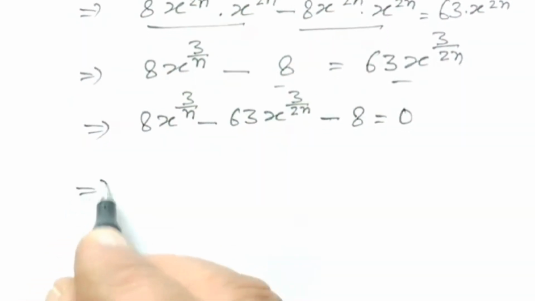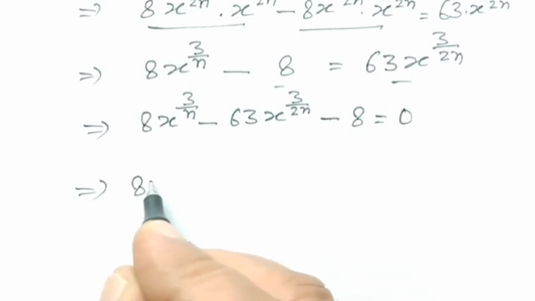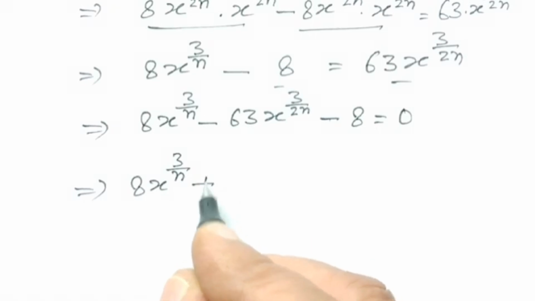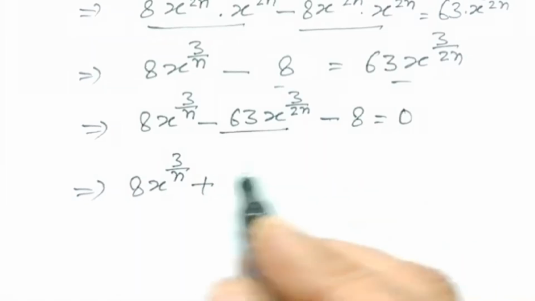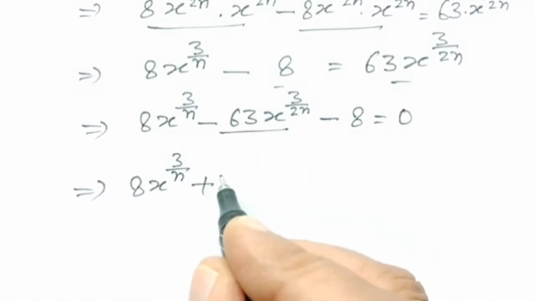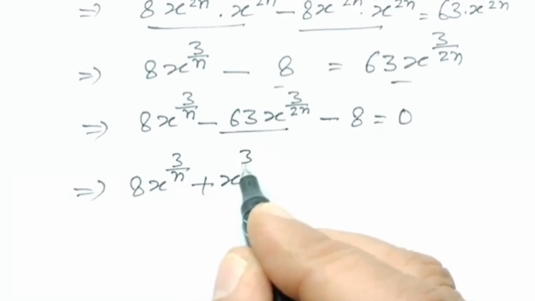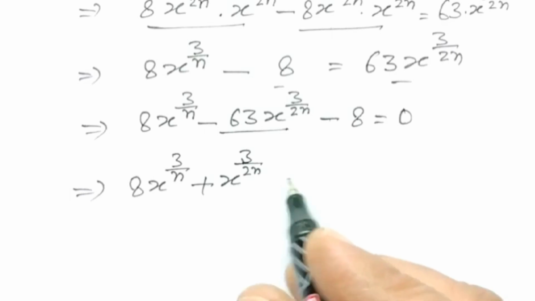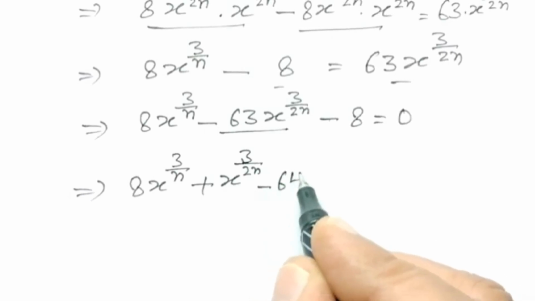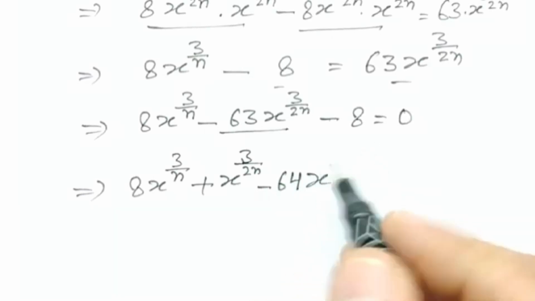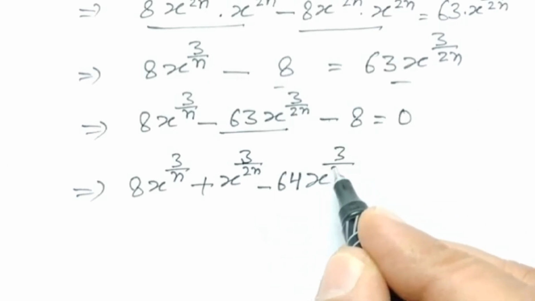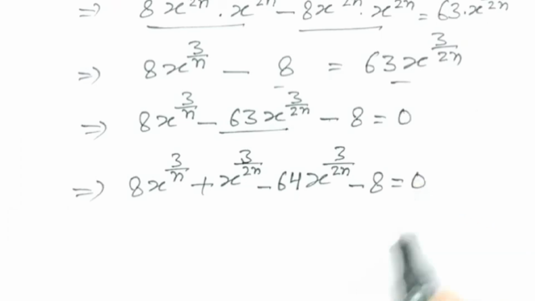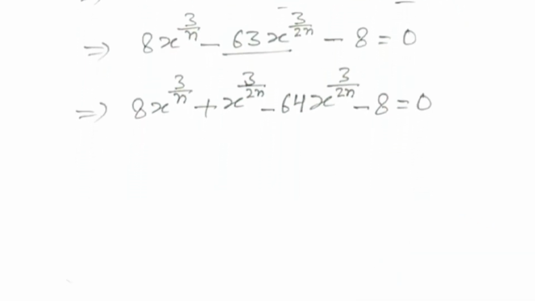Now if we factorize this, 8x^(3/n) plus, as x^(3/2n), minus 64x^(3/2n) minus 8 is equal to 0.